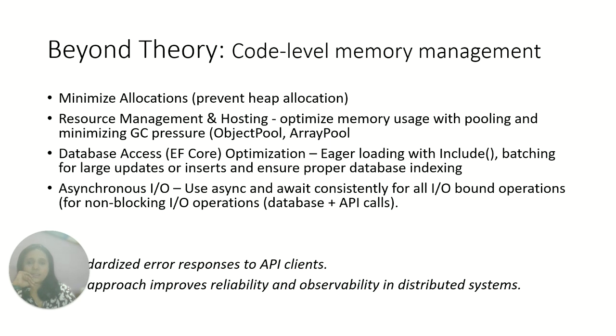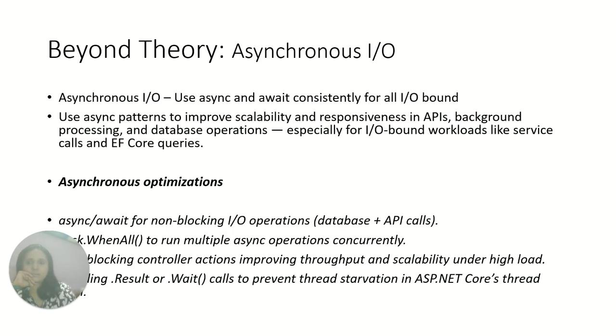And using async and await consistently for all IO-bound operations, say the database or the API calls, thereby resulting in non-blocking IO operations. Using async patterns to improve scalability and responsiveness in APIs is important, and also optimizing the EF Core queries.